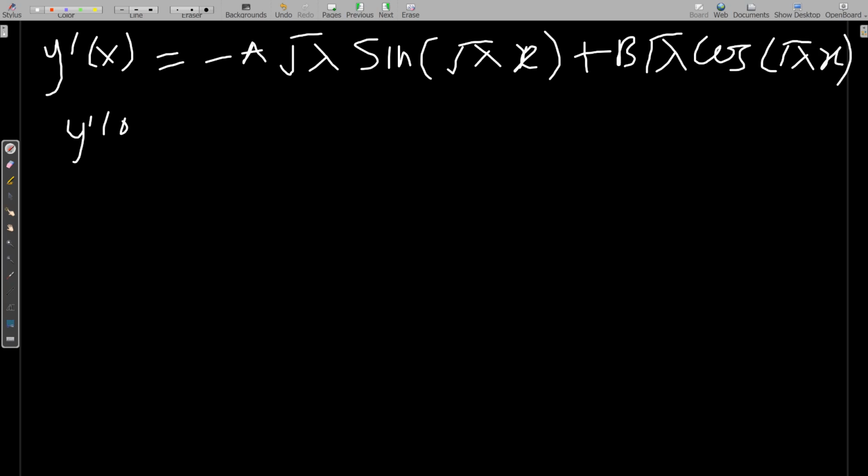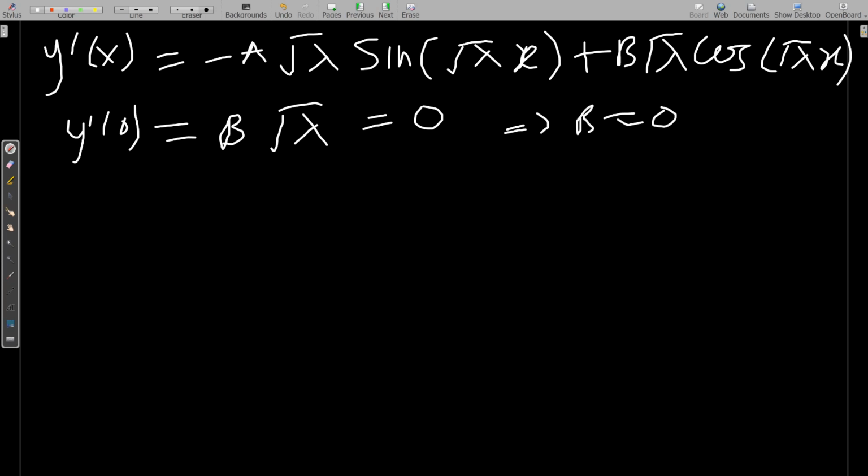So y prime of 0 will then be equal to b square root of lambda, because sine of 0 will give you 0, and then cos of 0 will give you just 1. And you're saying this should give you 0. For that matter, if I divide through by square root of lambda, my b will be equal to 0.